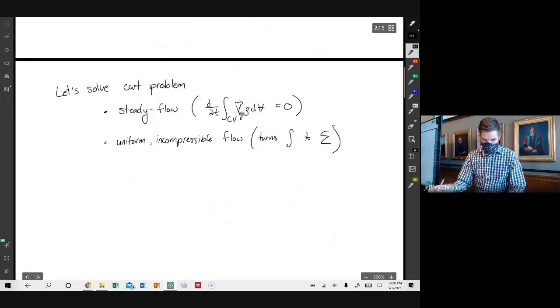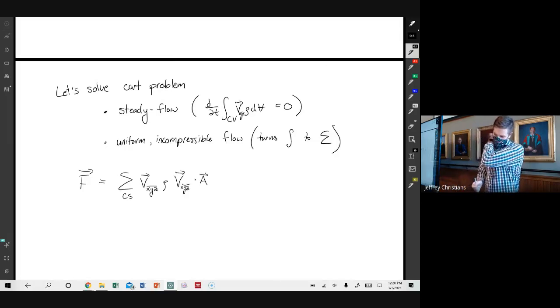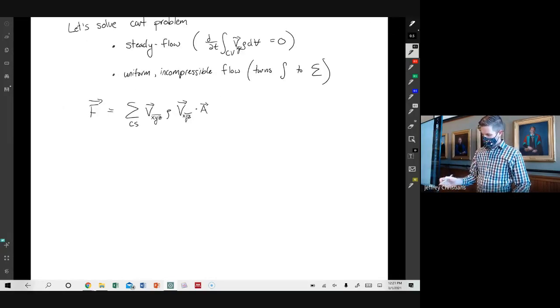Okay, so our real equation that we have to care about is the sum of all the forces equals the integral over our control surface of v xyz rho v dot a. So this is in 3 dimensions.